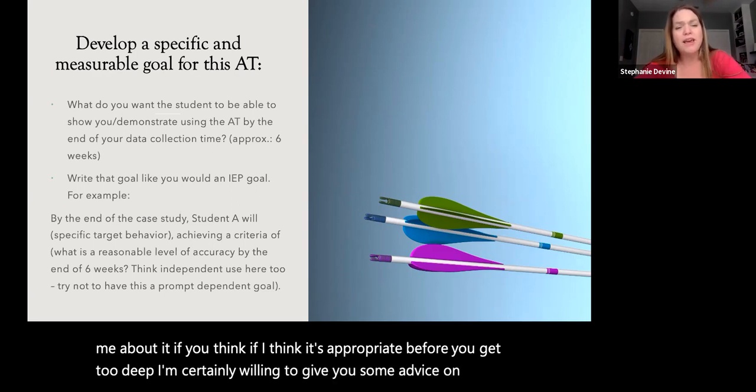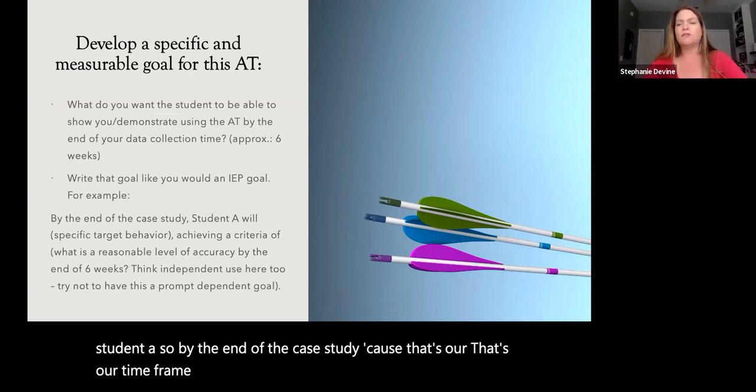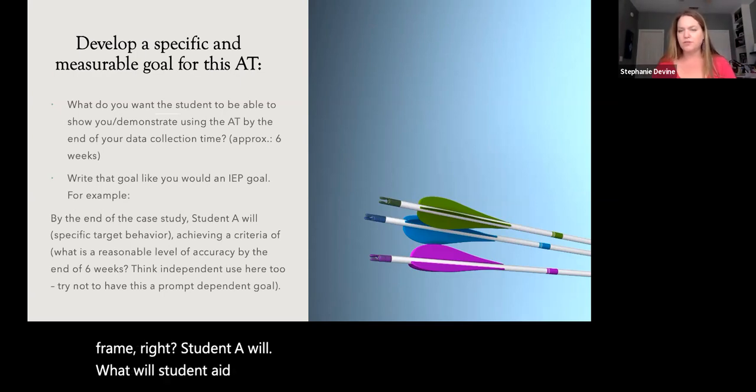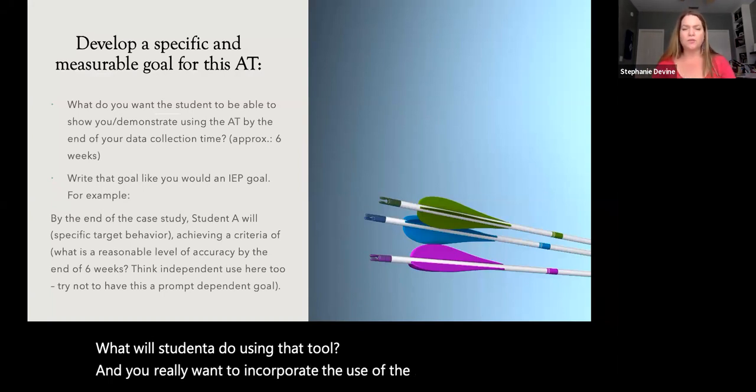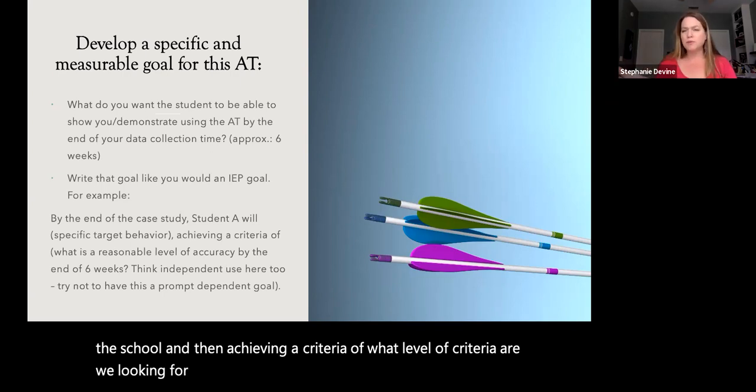Student A, so by the end of the case study, because that's our time frame, right? Student A will what? What will Student A do using that tool? You really want to incorporate the use of the AT tool within this goal. And then achieving a criteria of what level? What's a reasonable level of accuracy by the end of 6 weeks?